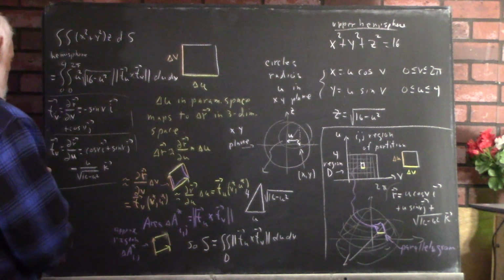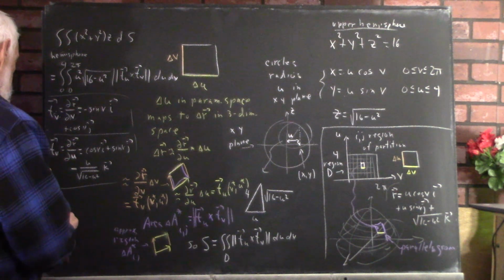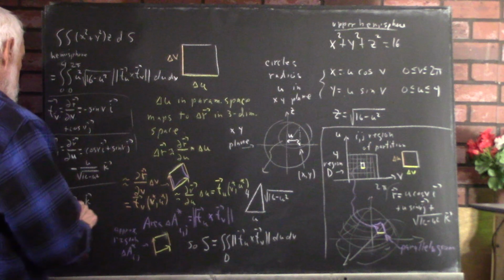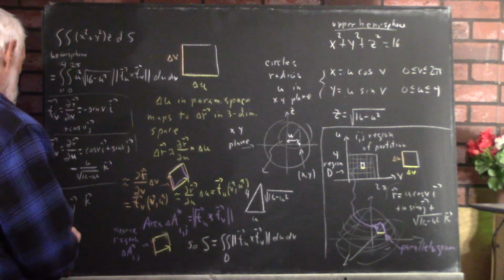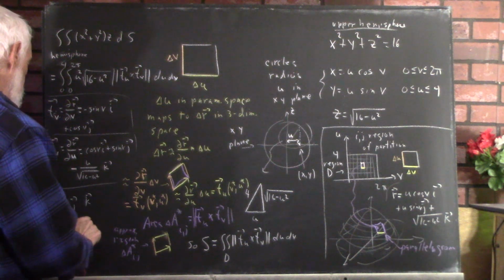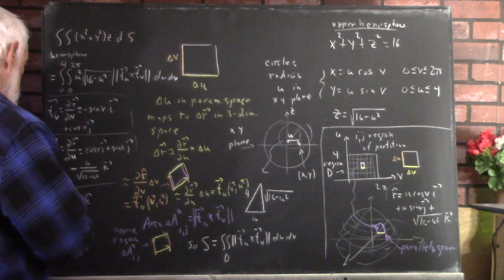This is going to match up with this. It's a little hard to look at it. So we can just write down the i, j, k, partial with respect to u, partial with respect to v. I don't know why we're doing that. I'm not doing a gradient.